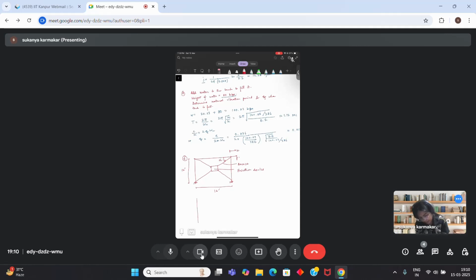If you look at it from the top, it is something like this, and you will have steel frames on all the 4 sides. So you have 4 steel frames.